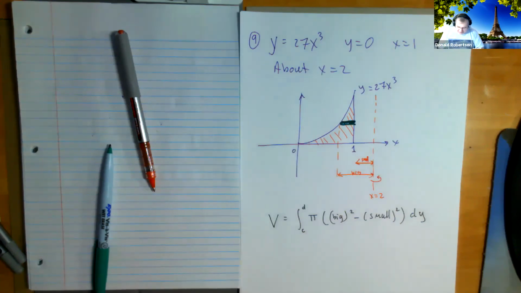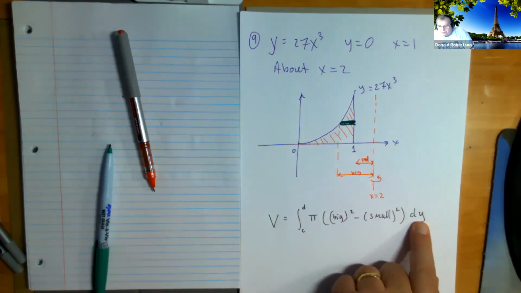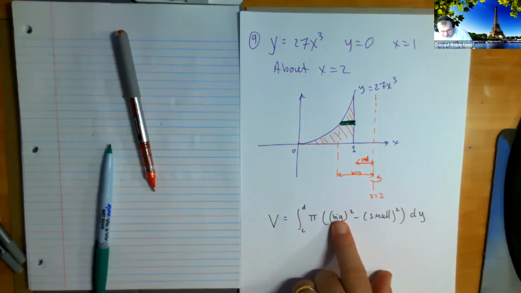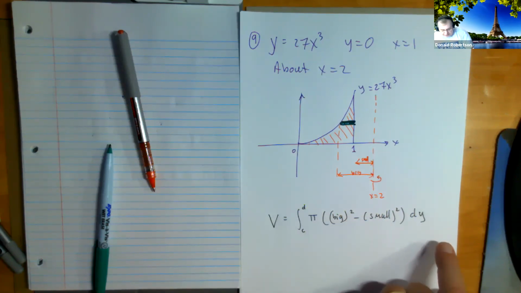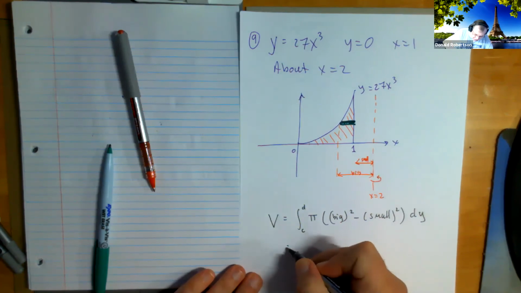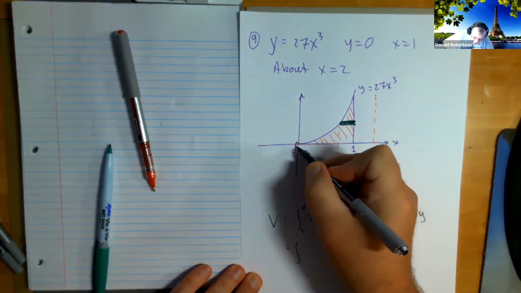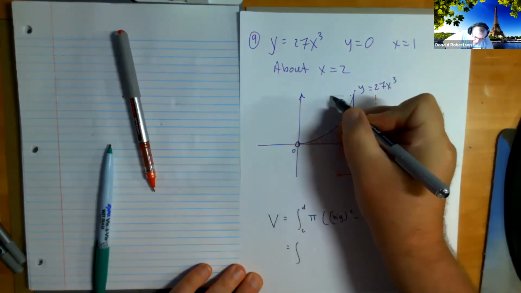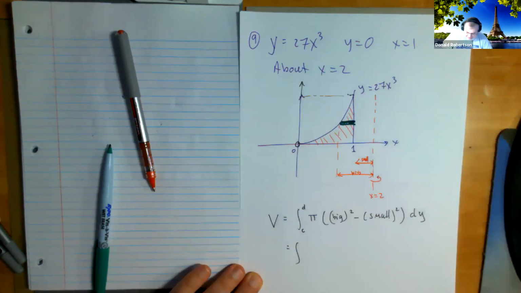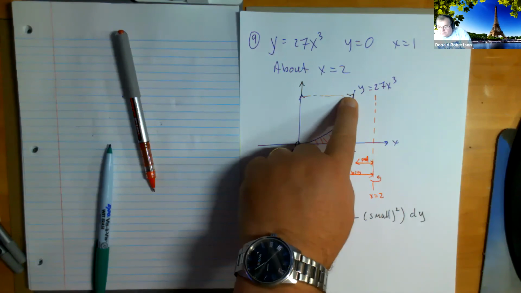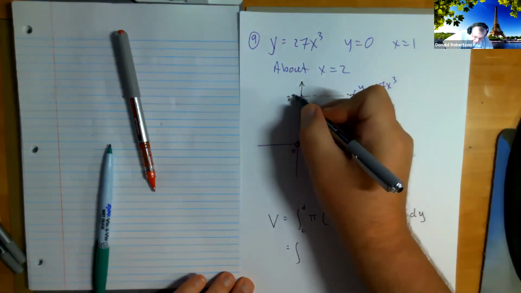Right. Now, that gives me a clue. It tells me that this thing, and c and d, all need to be in terms of y. So when I go to this picture, I'm going to say, oh, I need y equals 0 to wherever that is. So that means I need the number 27.